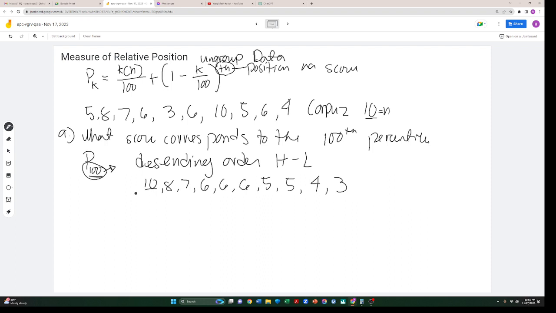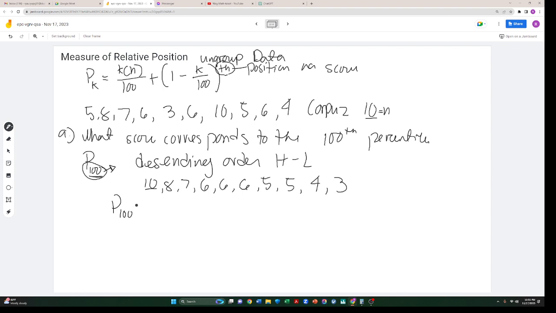But we follow that the one who scores 10 surpasses all the others, and the class interval will always have the upper boundary. So the 100th percentile point is the upper boundary of the highest score.